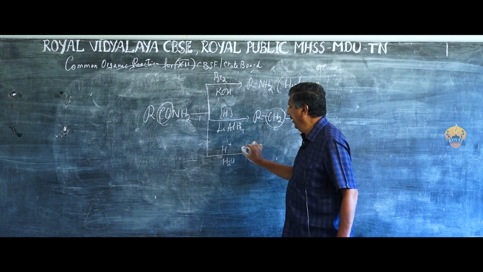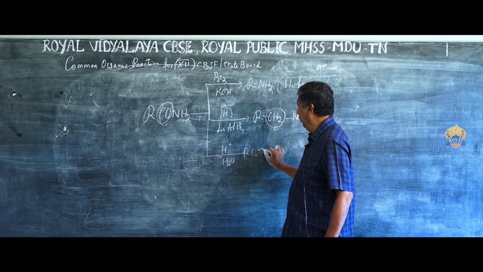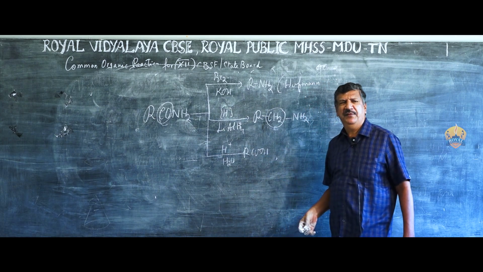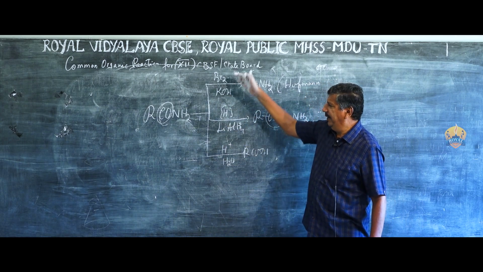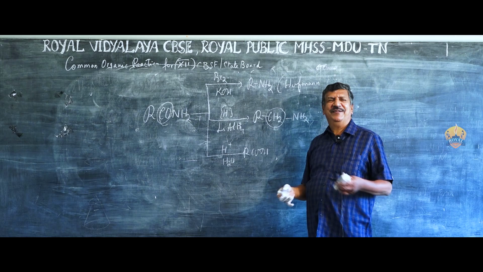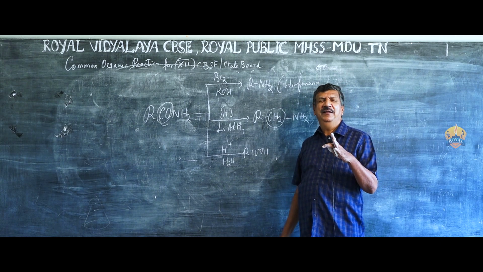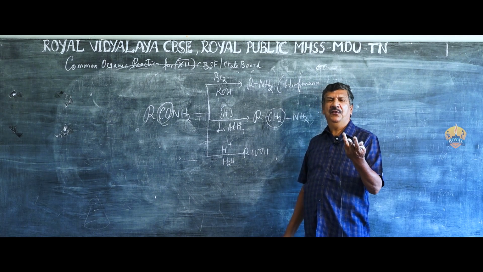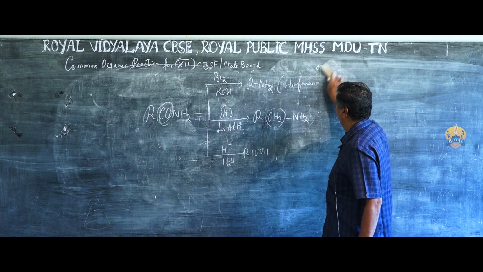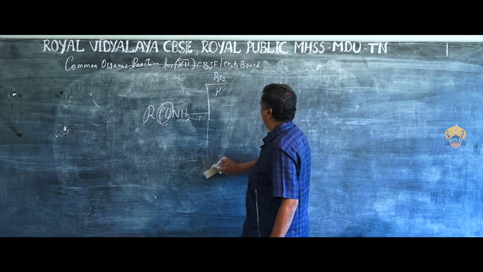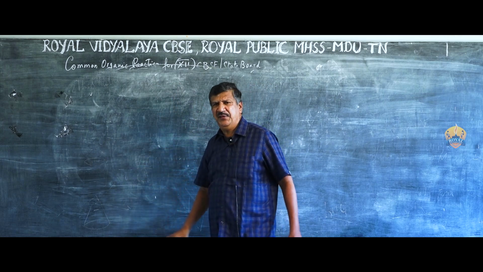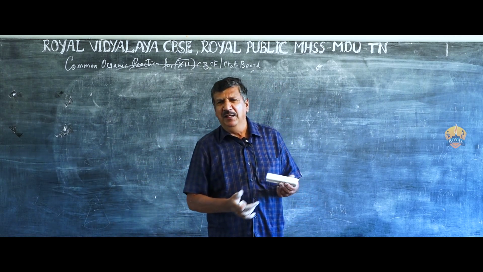But when you go for hydrolysis, as I already told you, you'll be getting acids. You see the nature of reactions of amides. In one it is removed, in another it is converted, and the other one is hydrolysis. Okay. This is what you have seen about the amides.